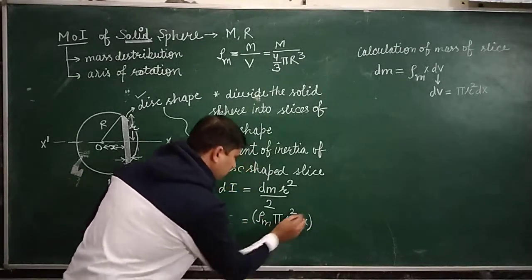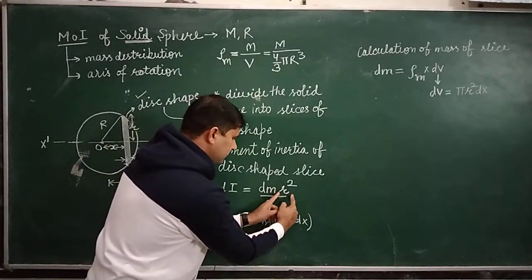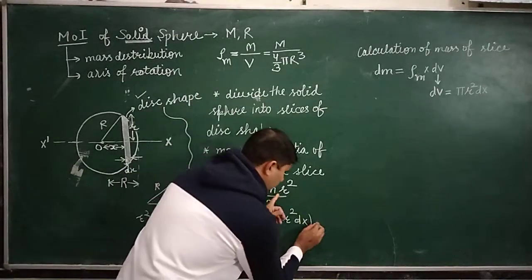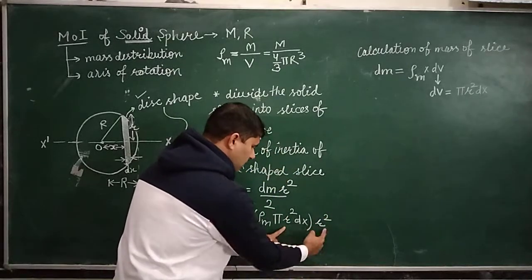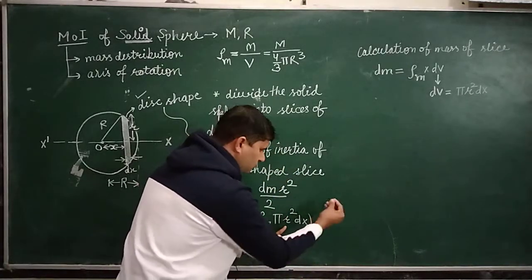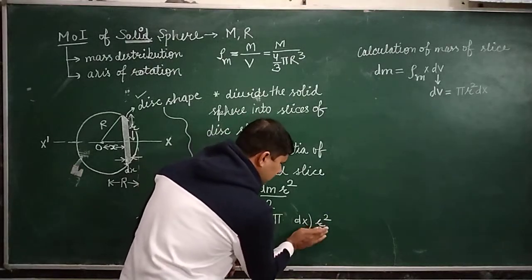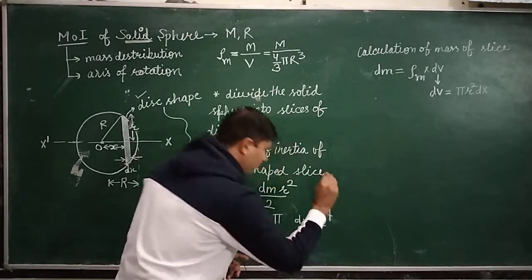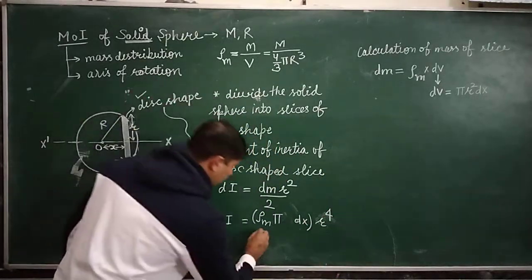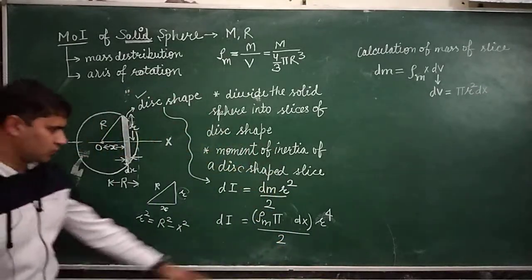So now see, this is the value of dm. Now you are to substitute the value of r square. Because you have r square here, it will be small r raised to power 4, divided by 2.